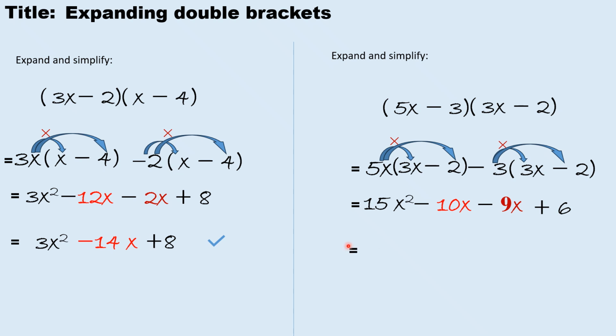And always remember to simplify your like terms. So that is 15x squared minus 19x. Then add here 6. And this cannot be simplified any further. So this is your answer.